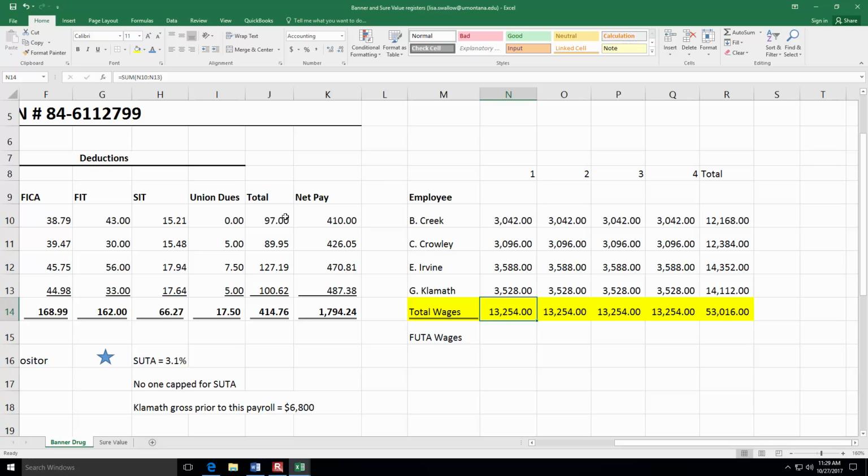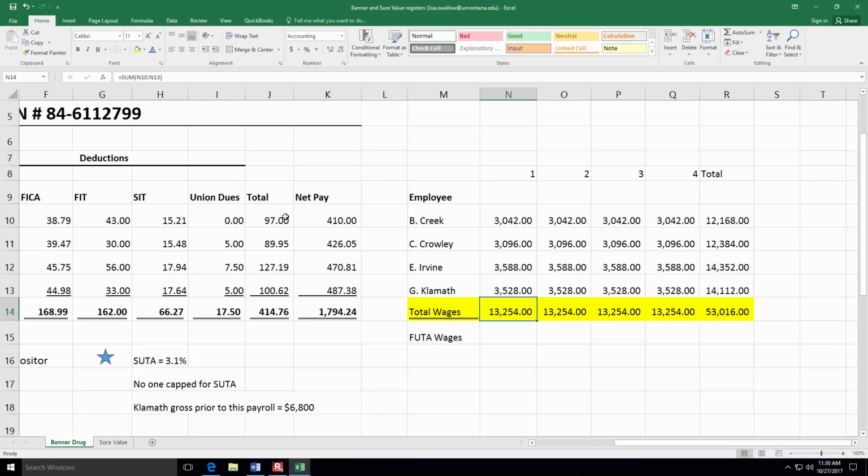When do you think that Creek capped? What quarter did he cap in? In the third quarter. So what we're saying then is in the third quarter, all of his wages are not susceptible to FUTA, correct? You can take a pencil or a different colored pen or whatever.